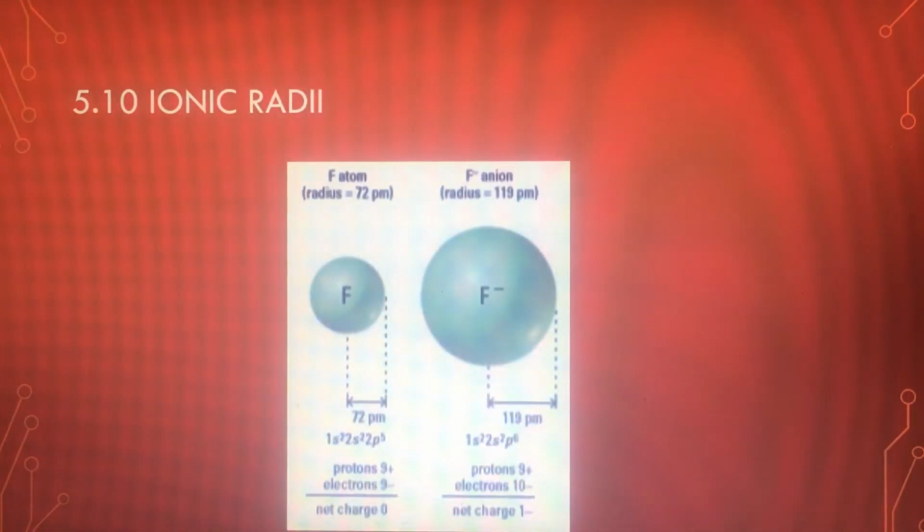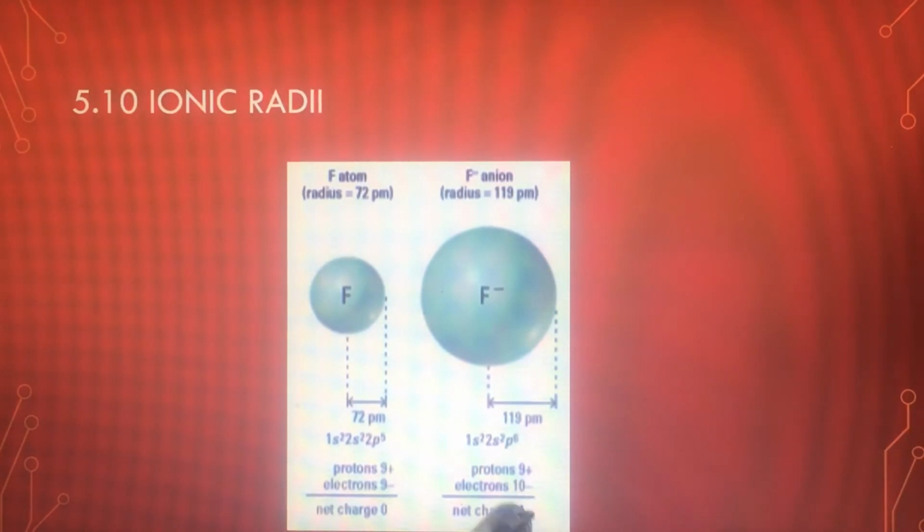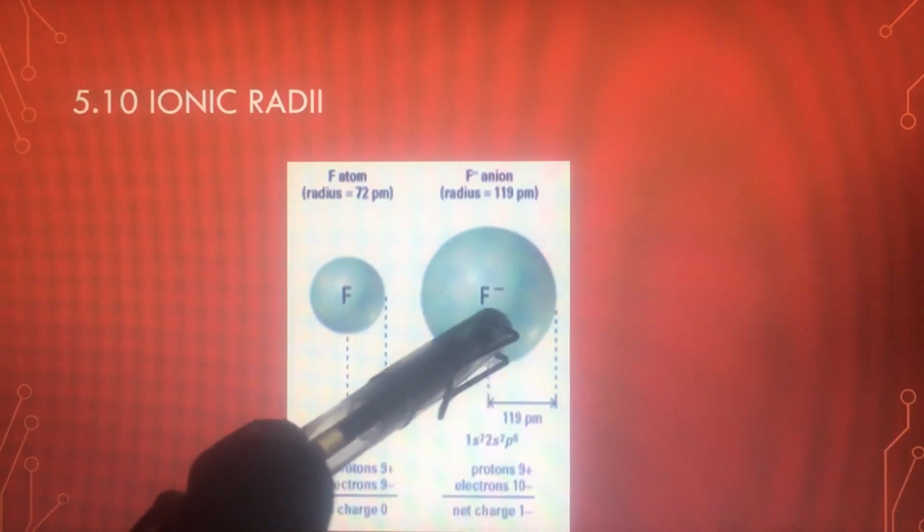For anions, on the other hand, anions receive an electron. For example, fluorine, after getting an additional 1 electron to become the fluoride ion, has a net charge of negative 1, so we have F minus.